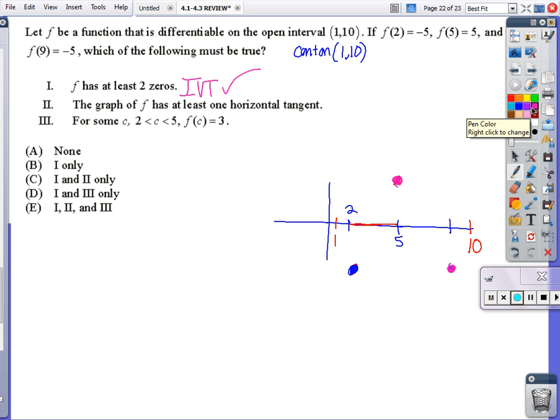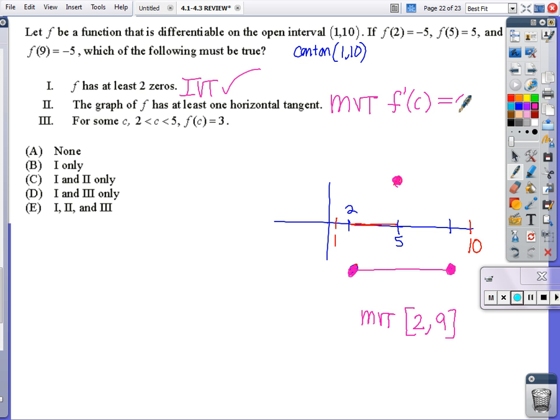We're guaranteed that MVT can happen on 2 until 9 because now these endpoints are closed because they gave us those points. The slope between those 2 points is 0. So MVT says that f prime of c has to equal 0 sometime in between 2 to 9.